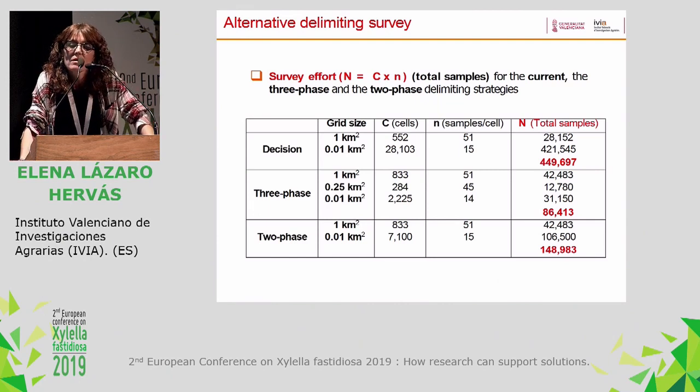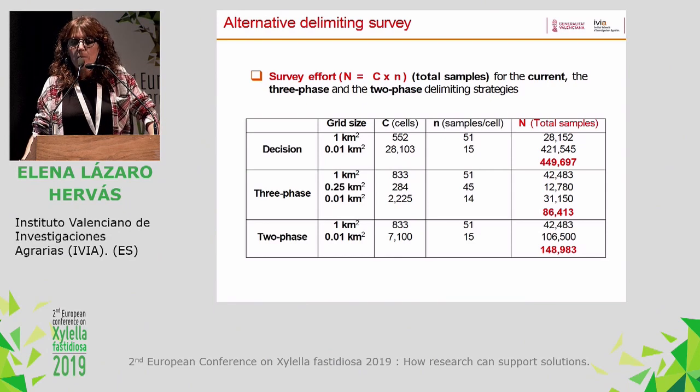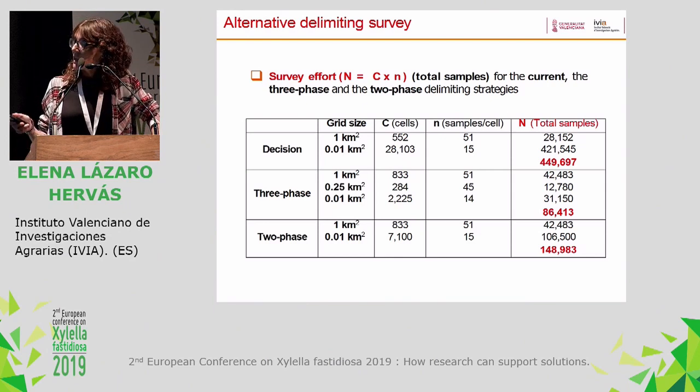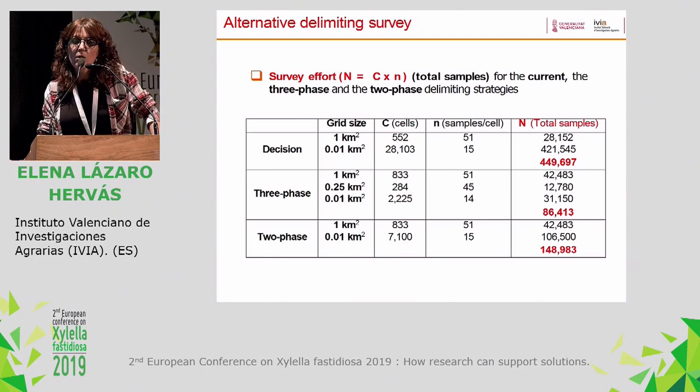This table shows the survey effort computed, taking into consideration inspection intensity outputs and sampling intensity outputs. It is estimated for the 3-phase and the 2-phase design, taking into consideration the inspection intensity and sampling intensity optimums obtained by the application of the optimization algorithm.